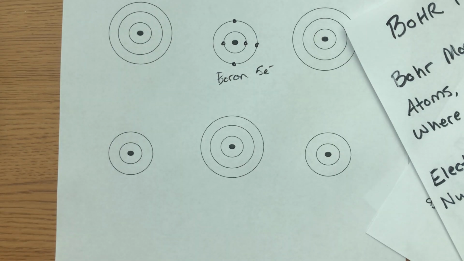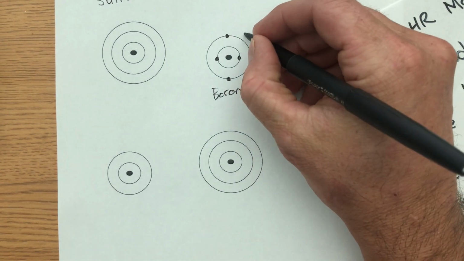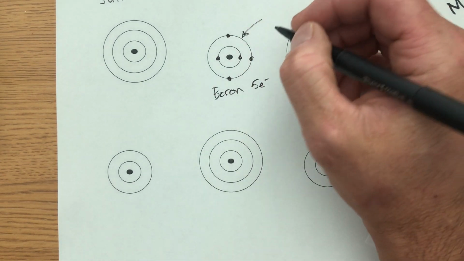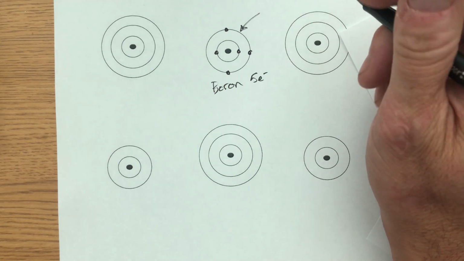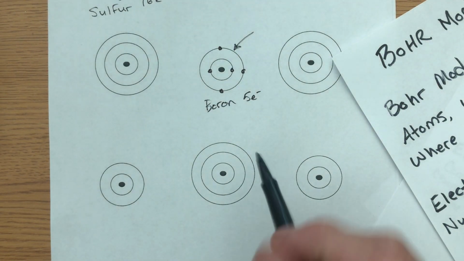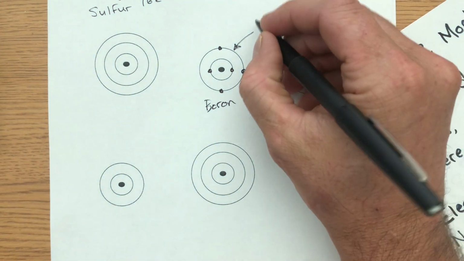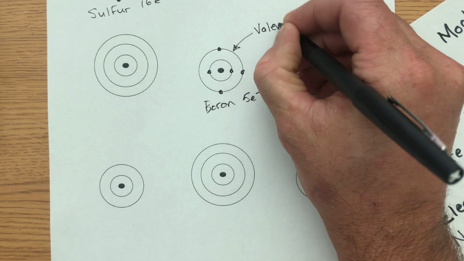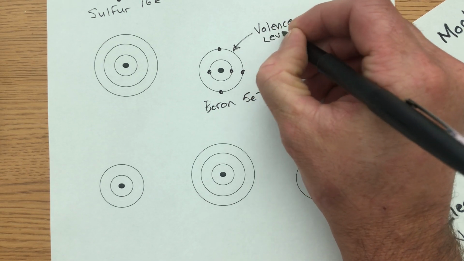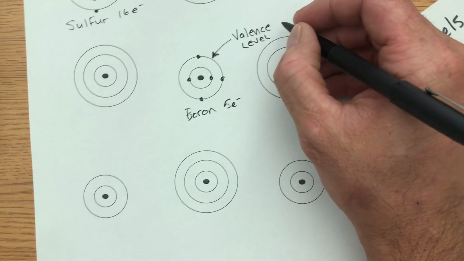Okay? And these Bohr models are really interesting because it turns out that this level here, the outermost level, is where all of the chemistry happens as atoms react with other atoms. So this is known as the valence level. The valence level is the outermost.